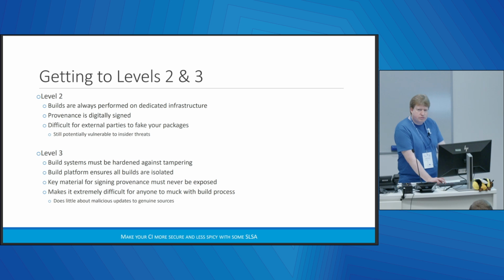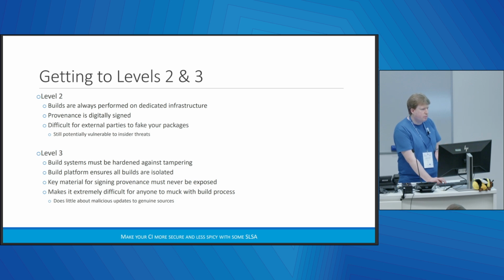So level 3 is basically that, but more rigorous, I'd say. Level 3 is that your build system is actually hardened against anyone screwing with it. If I remember rightly, all builds have to be completely isolated, so that it can't be that they do one build with a funny parameter and then the next build reuses something wrong from that previous one and just manages to sneak something in.